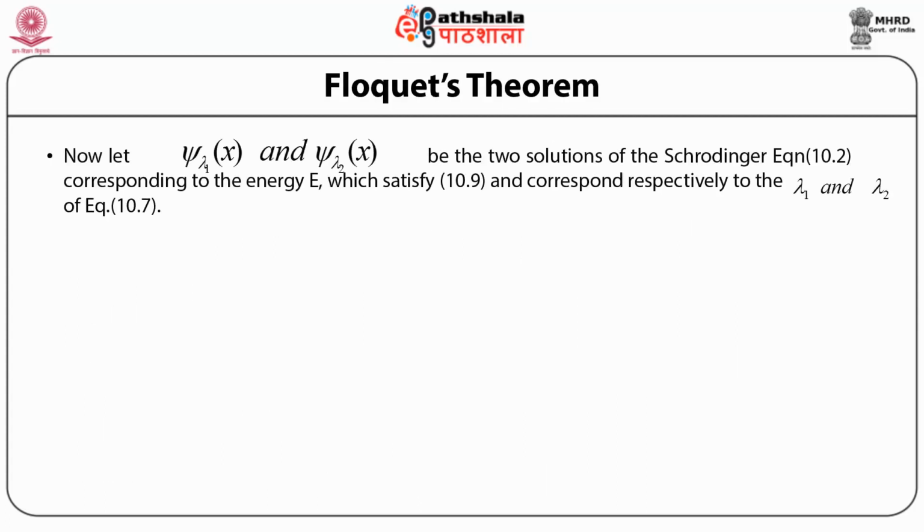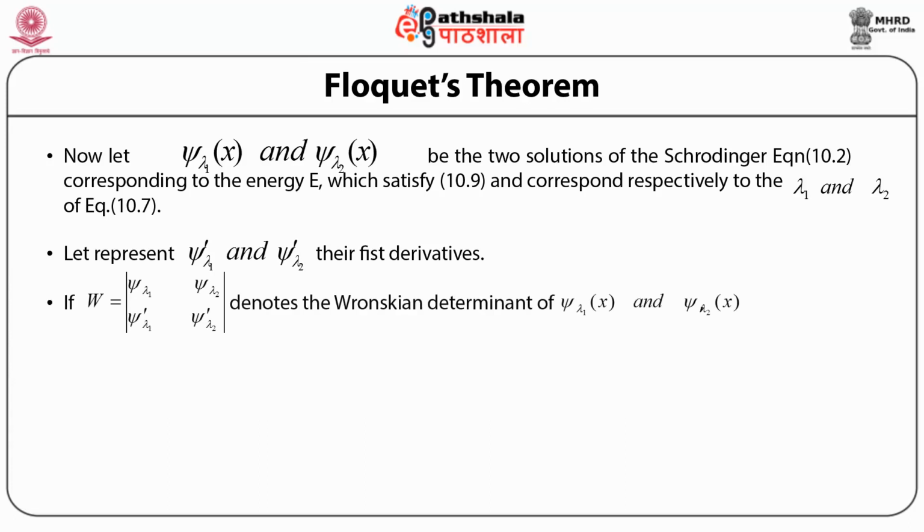Now let psi lambda 1 of x and psi lambda 2 of x be the two solutions of the Schrodinger equation 2 corresponding to the energy E, which satisfy equation 9 and correspond respectively to the lambda 1 and lambda 2 of equation 7. Let psi lambda 1 prime and psi lambda 2 prime represent their first derivatives.